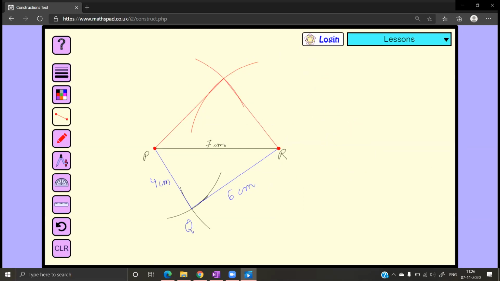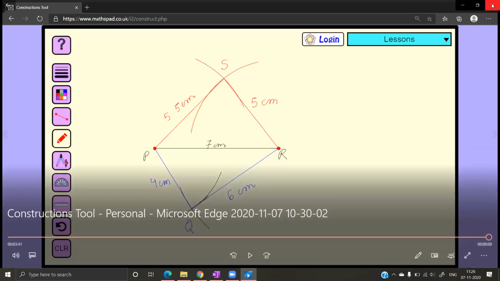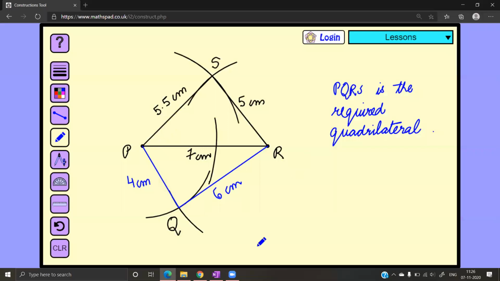And write down the measurements as given: PS is 5.5 and RS is 5 centimeters. And this gives you the quadrilateral that you want to construct. I hope it's clear to everyone.